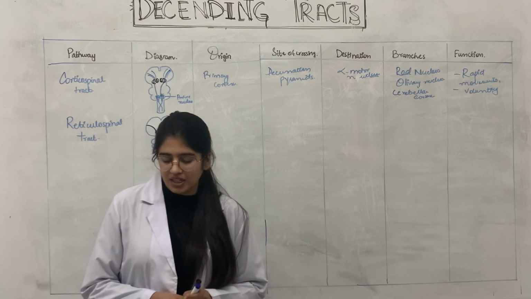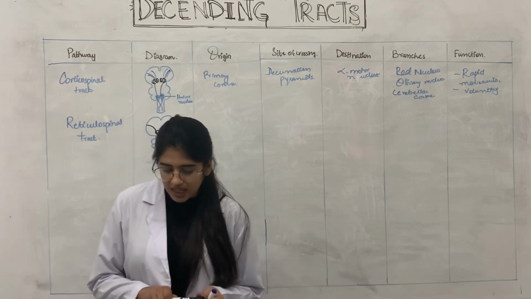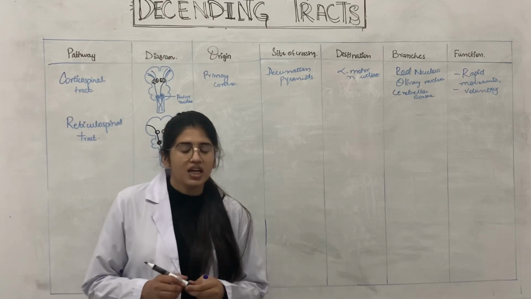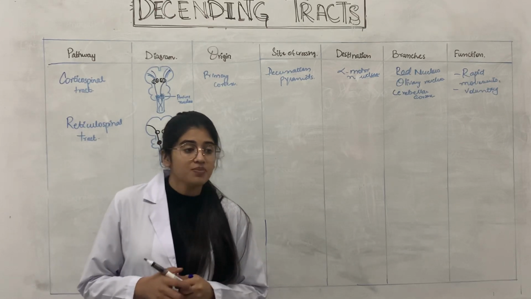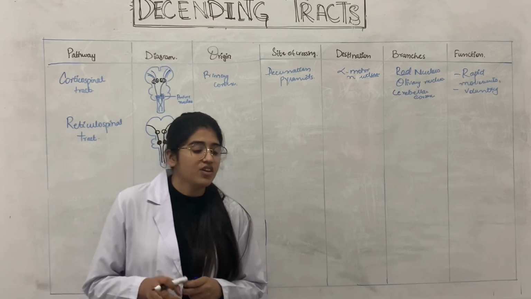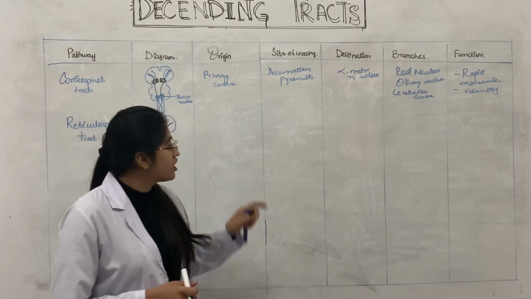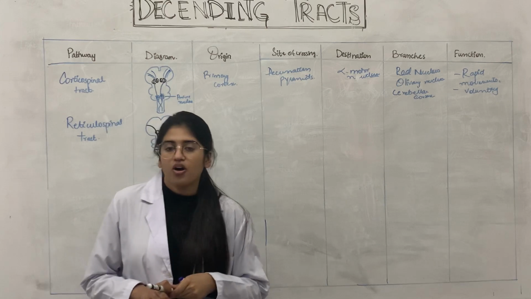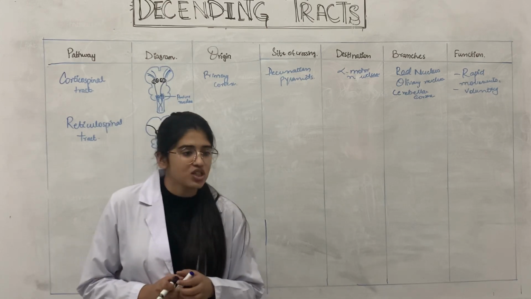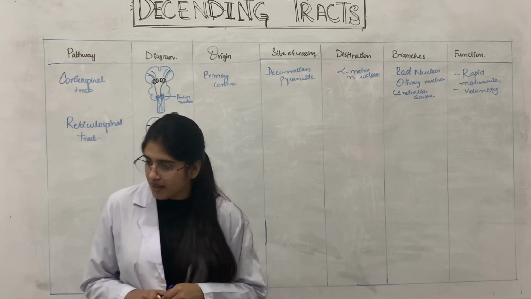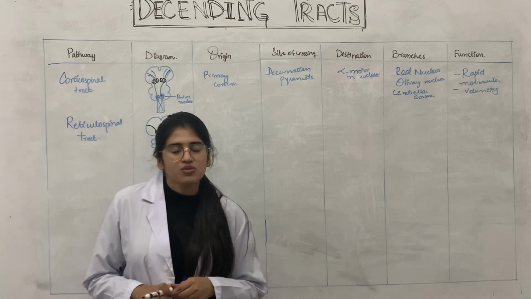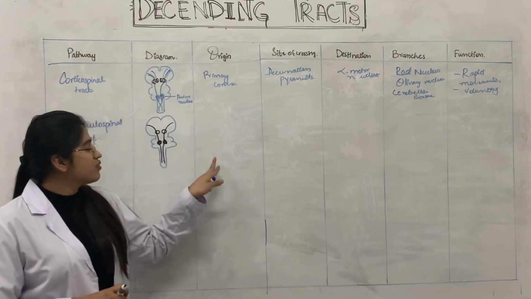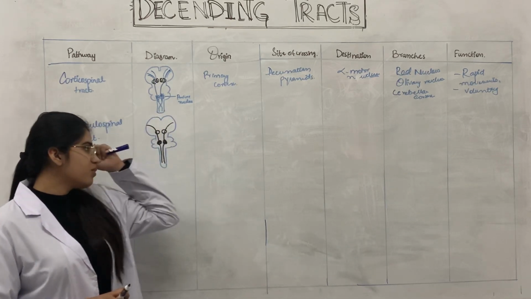We will discuss that, but up till now we say that this will initiate or inactivate the movements. So the function of the reticular formation is to inactivate those actions which are not required. Starting from that, first we will discuss the origin, and then we will go on.